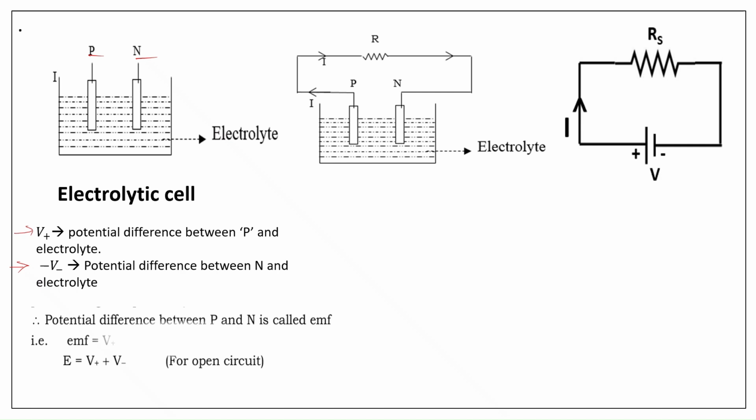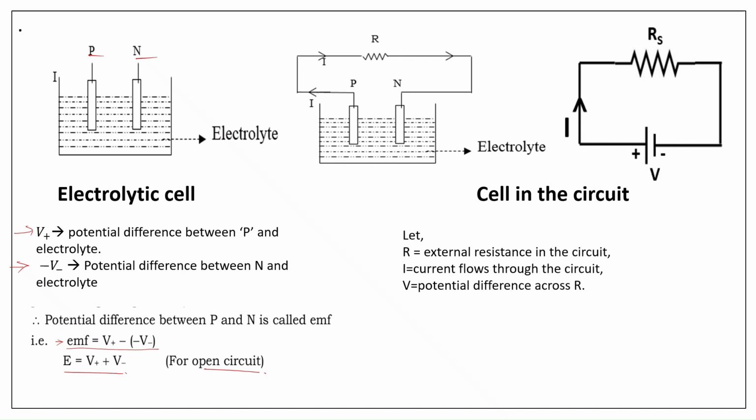Therefore, the potential difference between P and N is called EMF. EMF is equal to V plus minus of minus V minus. We get E is equal to V plus plus V minus. This is for open circuit.